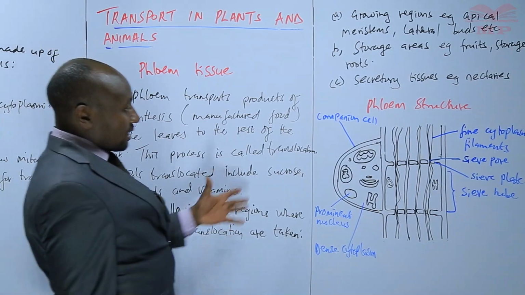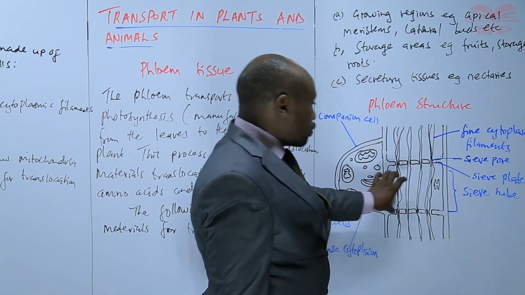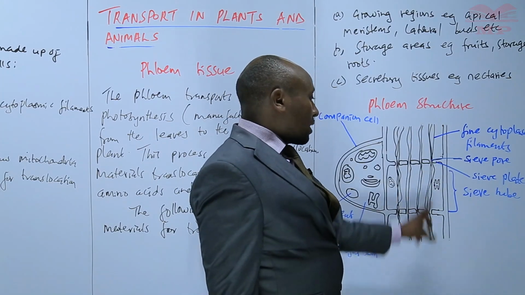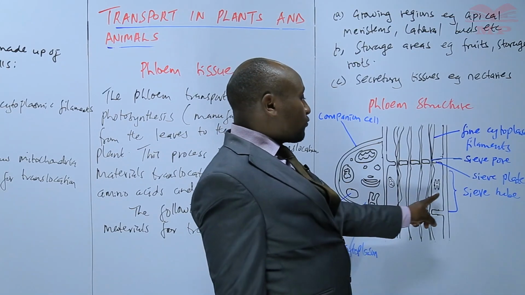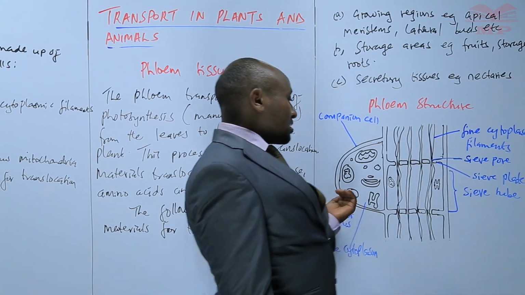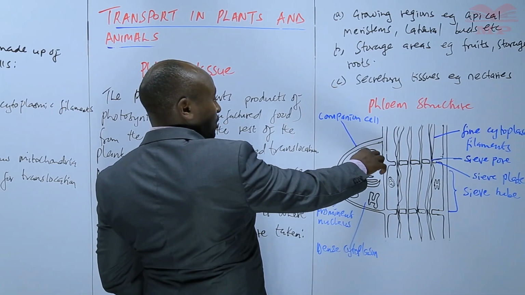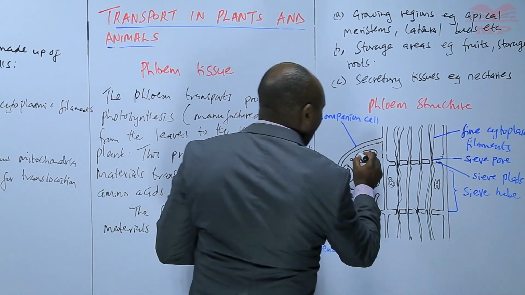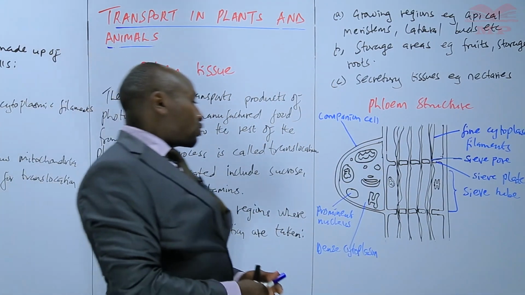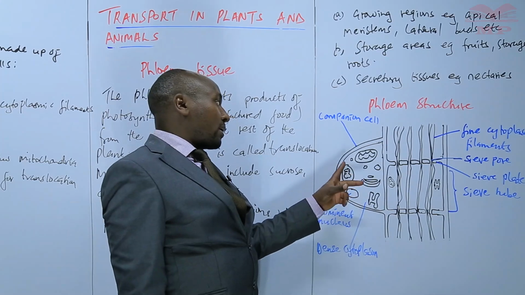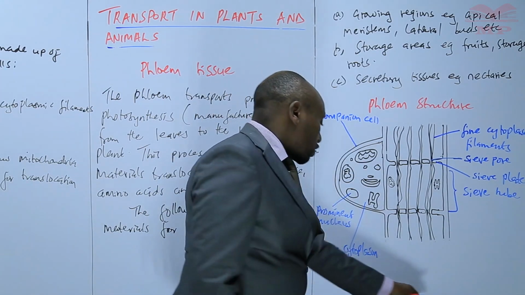And we have also seen the structure of the phloem made of the companion cell and the sieve tube. The sieve tube has fine cytoplasmic filaments for translocation and a few organelles that are pushed towards the end. But the companion cell has many organelles, numerous mitochondria, a prominent nucleus, dense cytoplasm, and so on and so forth. But the work of the companion cell is to provide the energy for translocation.